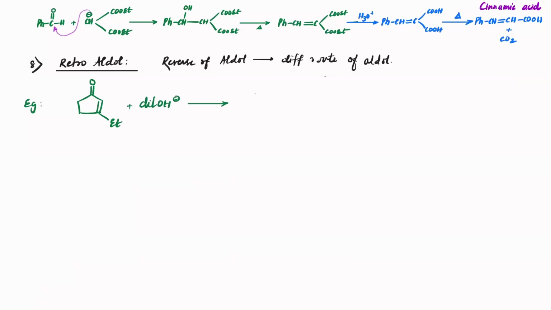So the new aldol is like this. Sorry, my mistake. It is making into a new aldol form. The new aldol form is like this, with Et, and then we have C=O and CH3. Got it?